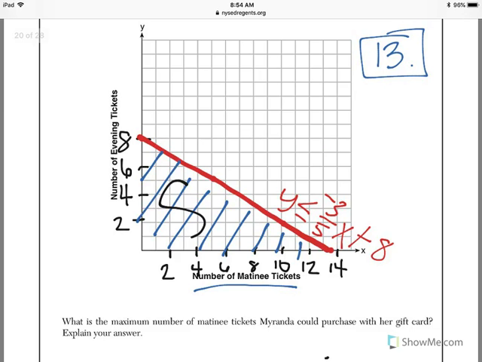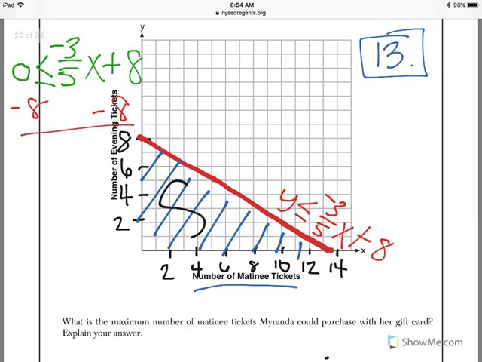So I'm looking at the x-axis, which means my y value is 0. So if y is 0 and I do a check by plugging a y value of 0, I have 0 is less than or equal to negative 3/5 x plus 8, and I solve this. Well, I would have to subtract 8 from both sides.